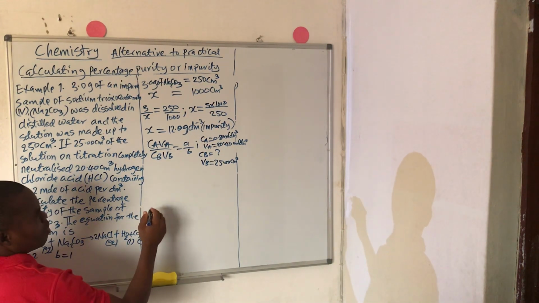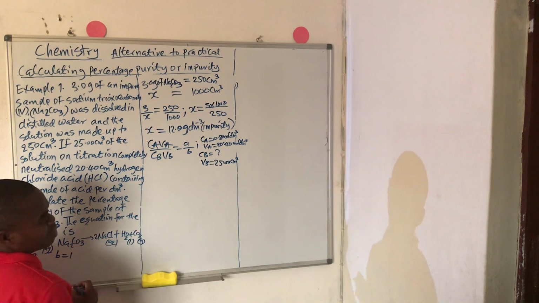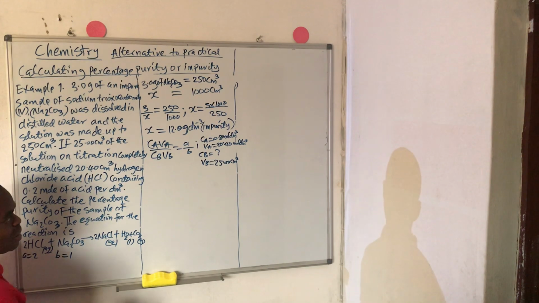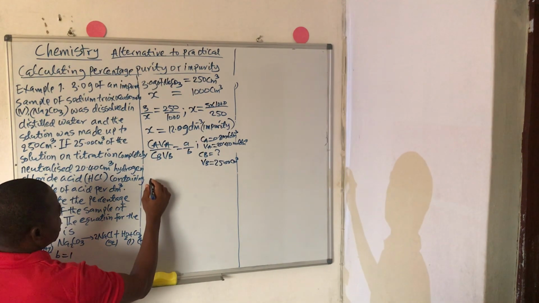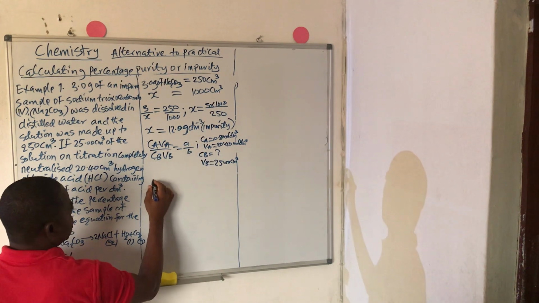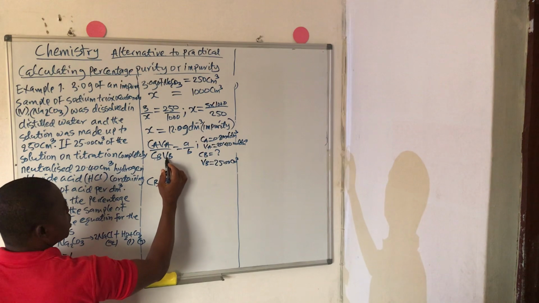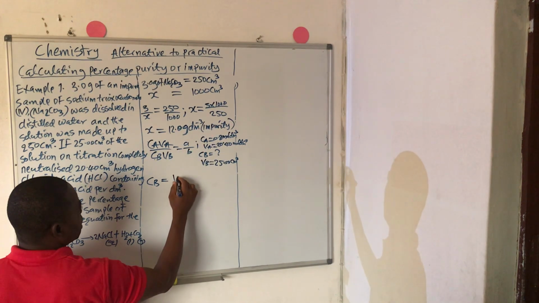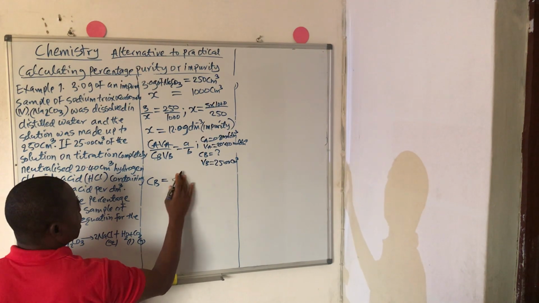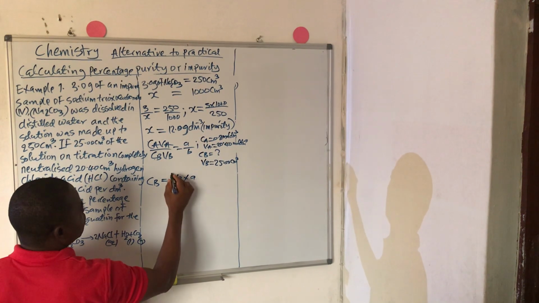In the WAEC marking scheme, for you to make Cb the subject of the formula, you get marks. Anything that goes with Cb will come down. The shortcut: Cb will be equal to, if we cross multiply, Vb times A will go down.